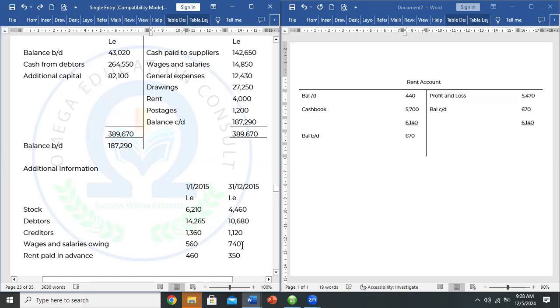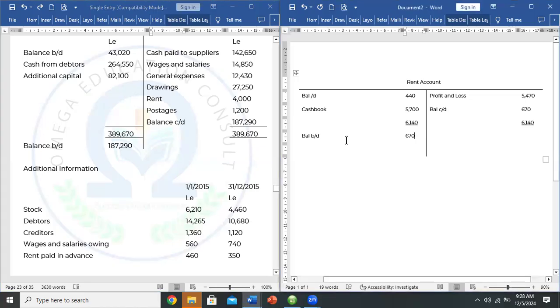So we have to prepare the wages and salaries account. I think there's another expense, rent, which was paid in advance. So my dear professors, I don't know if you want to give this a try and prepare the wages and salaries account. I'll be glad if you can quickly do that within 5 minutes and give me your answers. Or you want us to do it together?